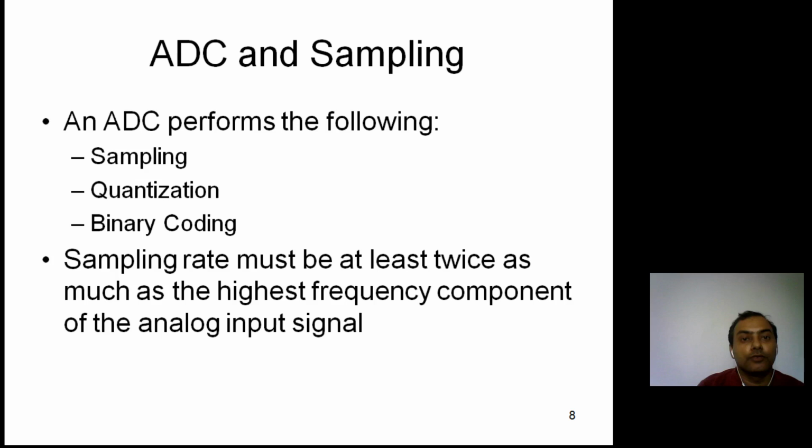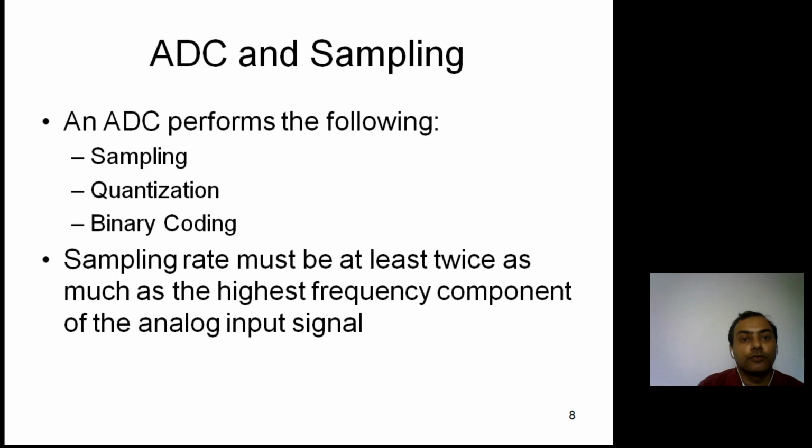Again, ADC and samples. ADC performs the following: sampling, quantization, and binary coding. You know how we do sampling, as we have seen in the last slide. For this sample of the signal, we can see the same signal in a digital form, with discrete numbers.